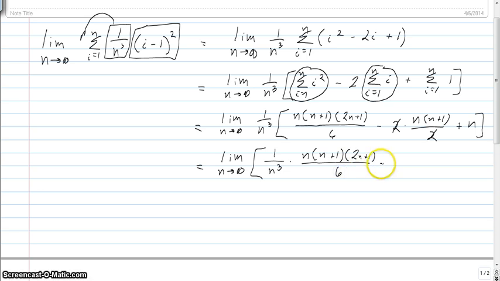So let's see, minus 1 over n cubed times n plus 1 over 2, and then finally if I do 1 over n cubed times n, that would be 1 over n squared.